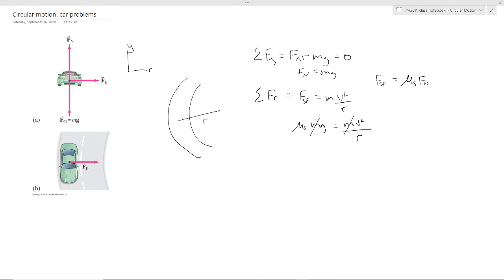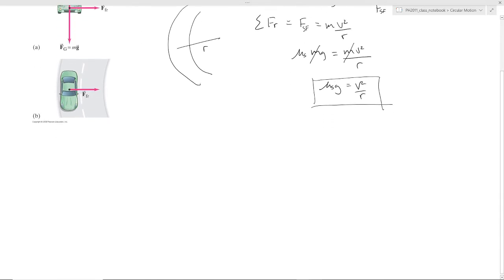Notice the mass appears on both sides. And so now we have a relationship between the coefficient of static friction and the velocity and the radius of the curve. So in this situation, it's friction which is providing the ability to turn the corner.